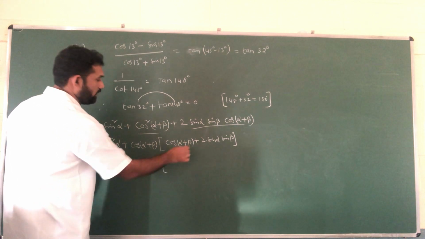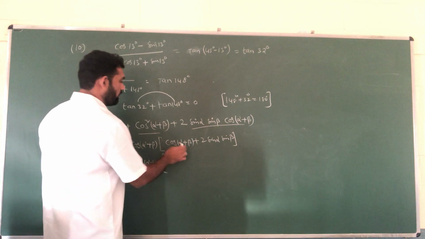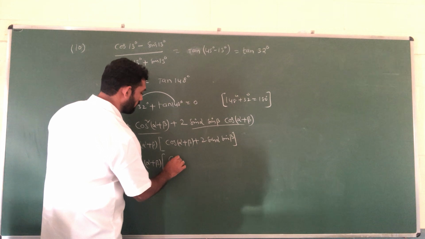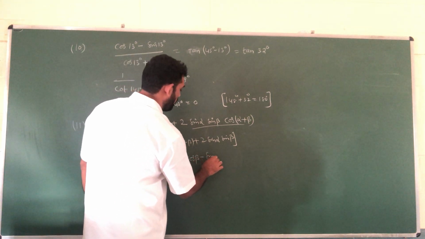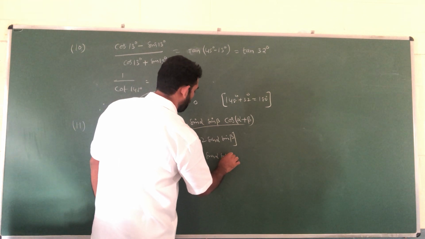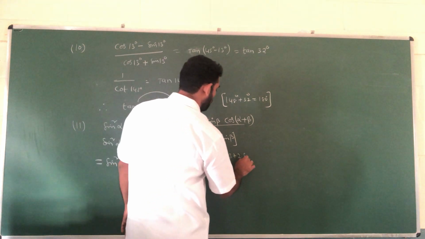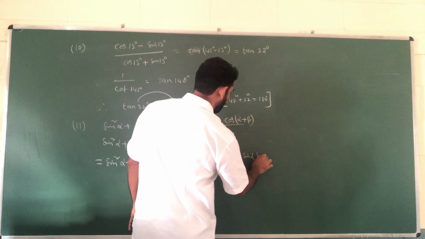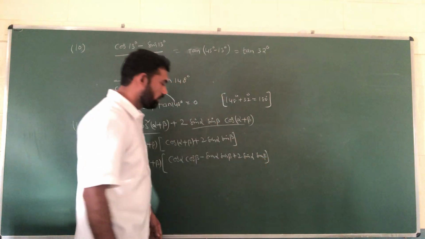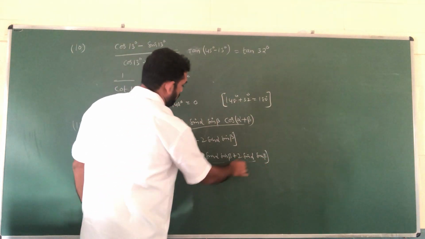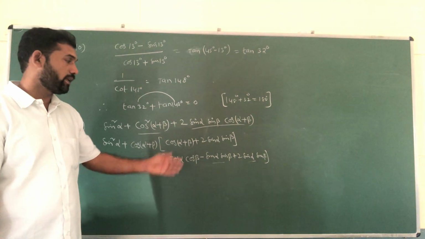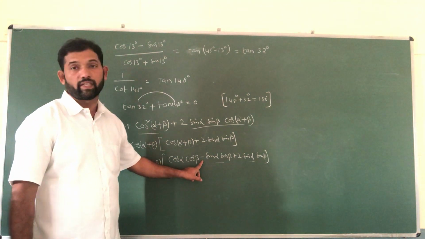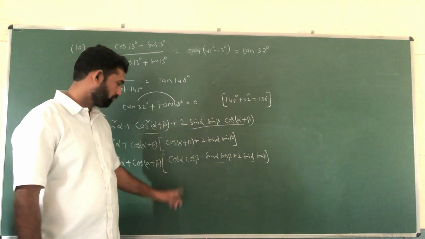Again sin square alpha, cos alpha plus beta. Then you expand this: cos alpha cos beta minus sin alpha sin beta plus 2 sin alpha sin beta. So 2 sin alpha sin beta is combined with the minus term. What is remaining here? Sin alpha sin beta is remaining.